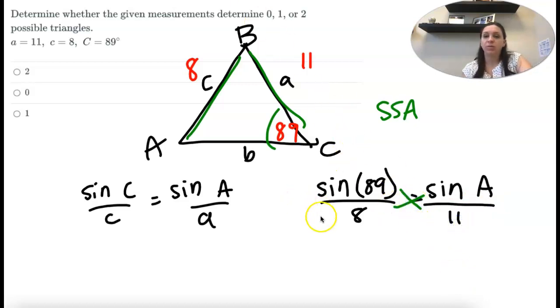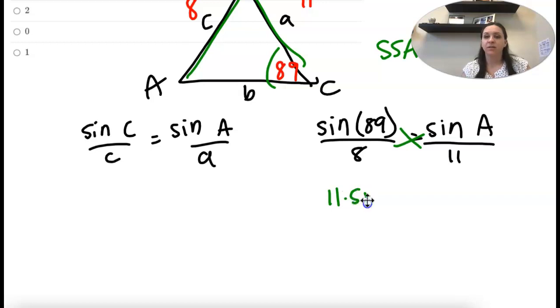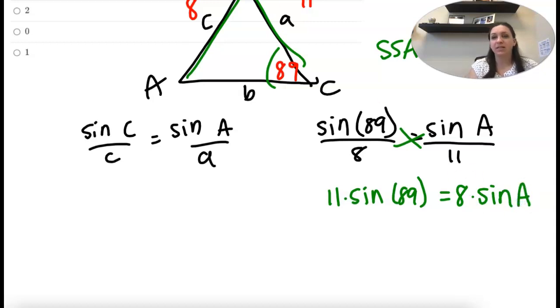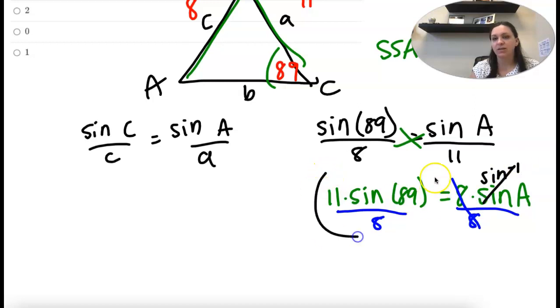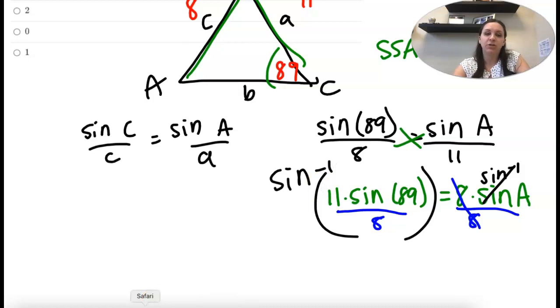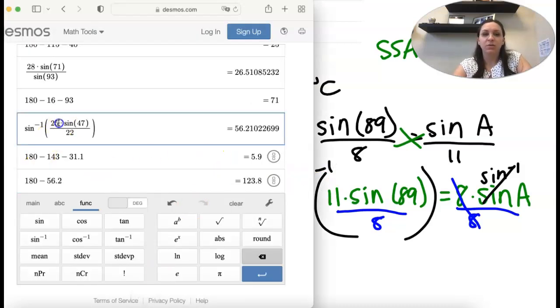If I cross multiply, and it's the exact same process every time. You should get pretty quick at it, as you can see me writing really fast. The 8's cancel out. We take inverse sine of both sides. And I don't clear my calculator history because I know it's always going to look like this.